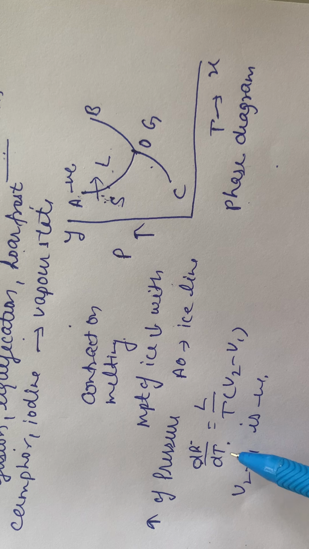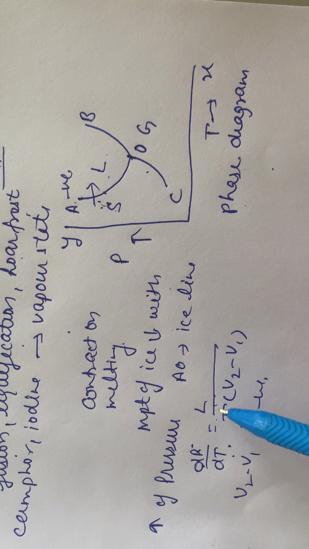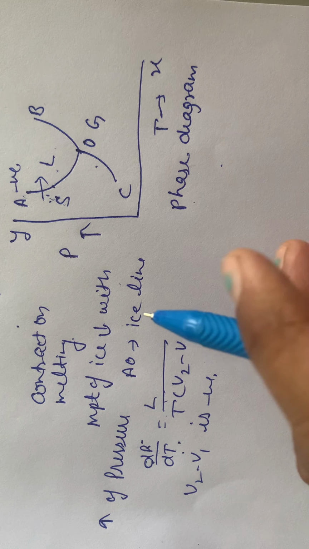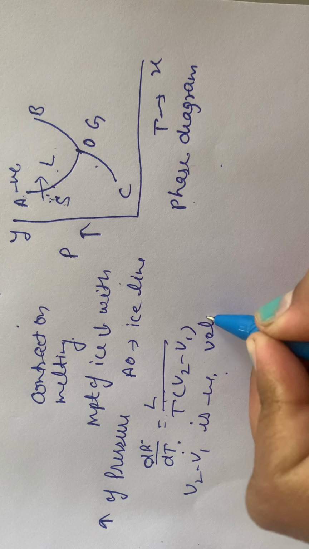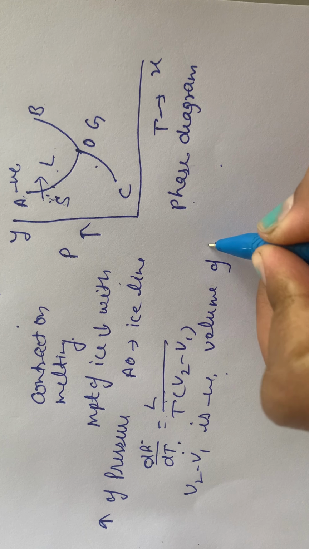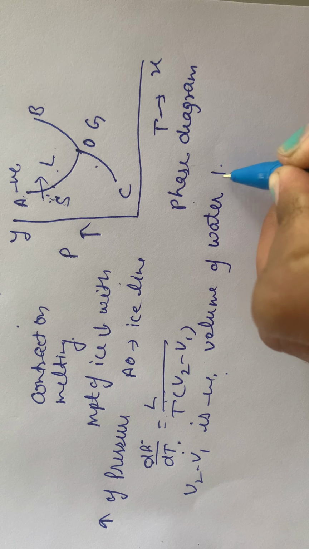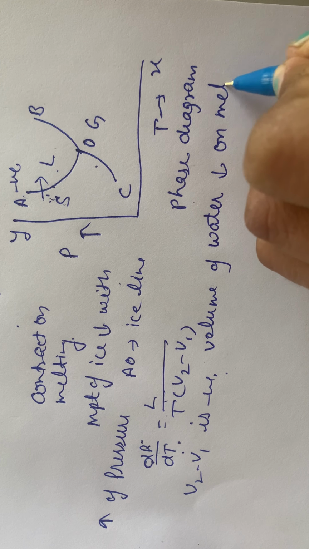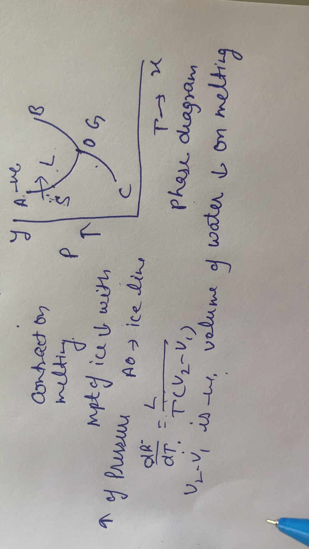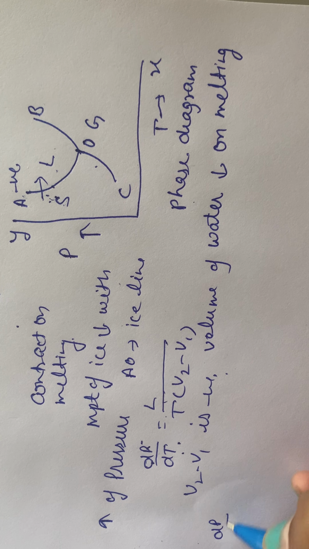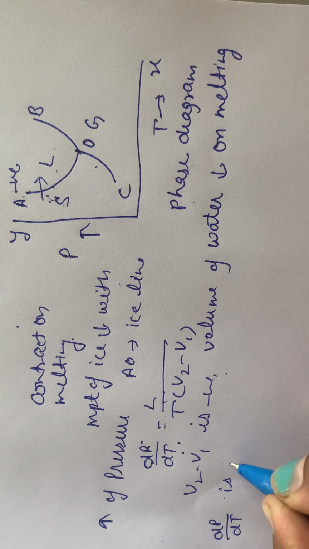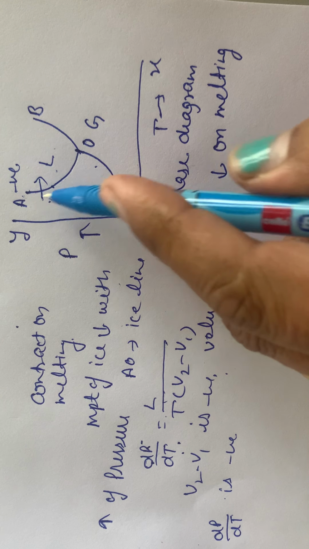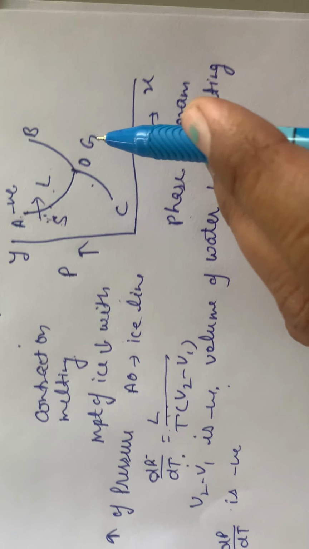Since dP by dT equals L by T into (V2 minus V1), and V2 minus V1 is a negative quantity, the volume of water decreases on melting. The slope dP by dT for ice is negative, so AO has a negative slope.